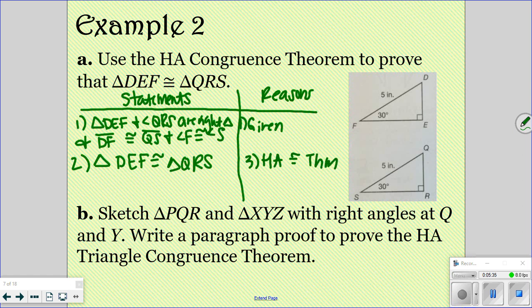So, whoops, that should be step 2. So it's not a long proof on these typically, because they're going to give you most of the information that you need. Okay, so now we want to sketch this one here.